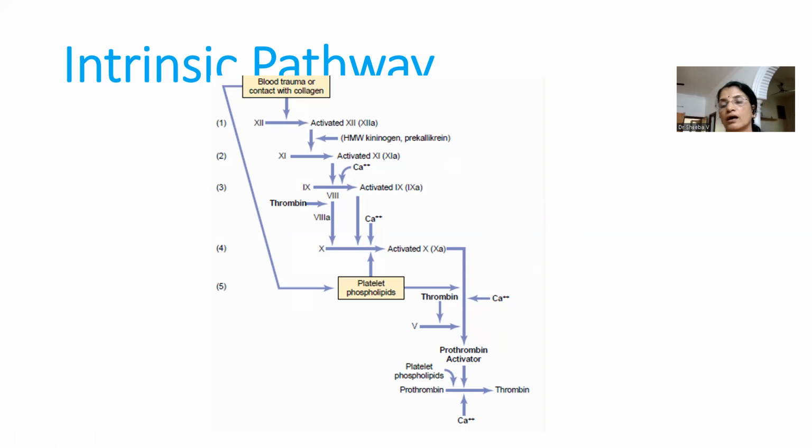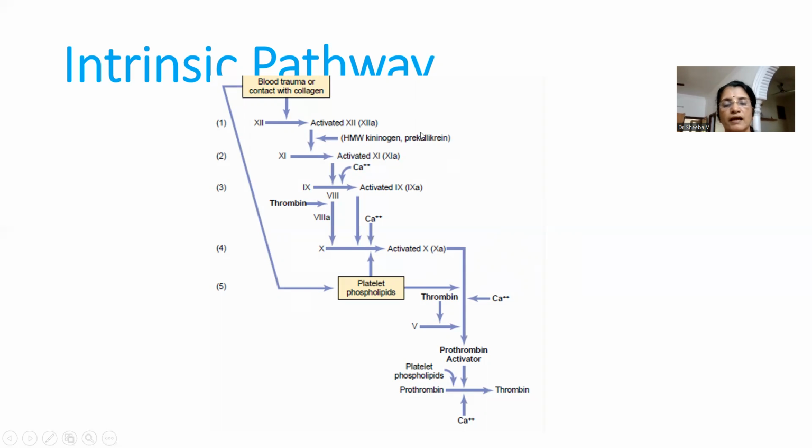Actually, all these clotting factors are made up of polypeptide chains. Next, activated factor 12 acts on factor 11 in the presence of high molecular weight kininogen and prekallikrein, forming the activated factor 11. Now factor 11 is activated.